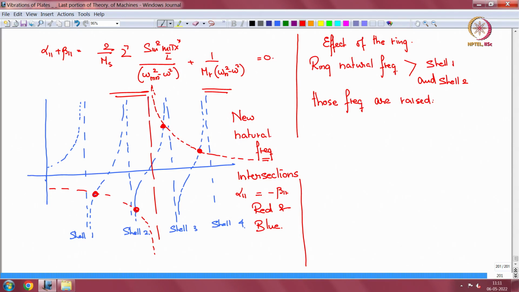So, you can see that this was the shell first natural frequency, now this is the shell natural frequency. And this was the shell second natural frequency, but now this is the second shell natural frequency. So, both of them got raised from here to here and here to here, or rather on this axis, from here to here. That is the way to look at it. So, that is the increment.